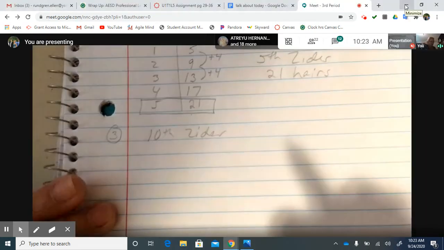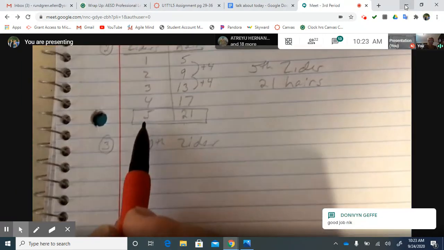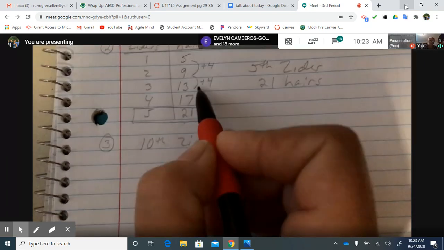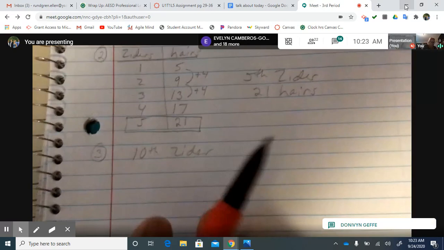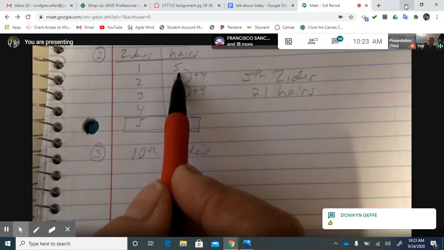For the 10th Zyder, we know that each month a Zyder grows, it adds on 4 more hairs, except for this very first month that has 5 hairs.